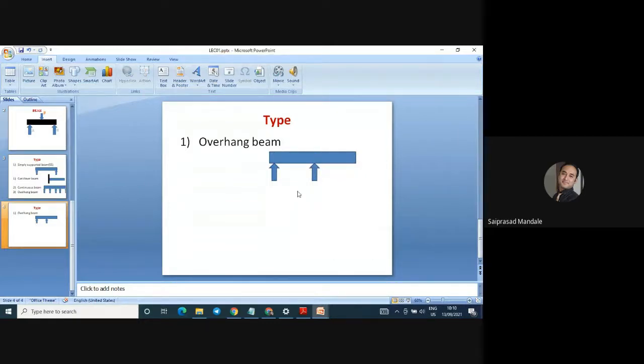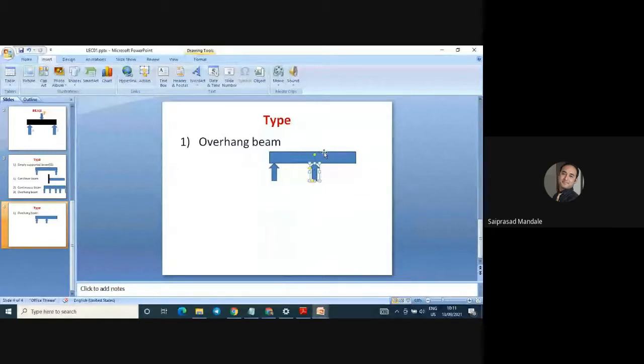It acts as a combination of a simply supported beam plus a cantilever beam. Why am I telling you simply supported plus cantilever? Because from the first support to the second support, it acts as a simply supported beam. But from the second support to the free end, it acts as a cantilever beam.